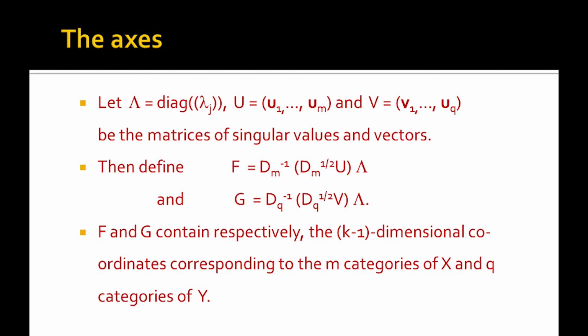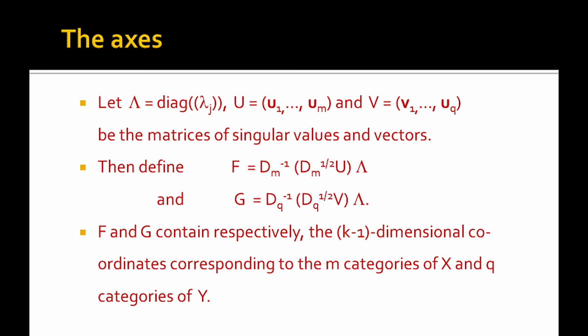Now, how do you actually find the axes? So let capital Lambda be equal to diagonal lambda j. So capital Lambda basically is a matrix formed by the singular values. And let capital U be U1, U2, up to Um. So it consists of the m vectors uj's, and this is a matrix that we have.